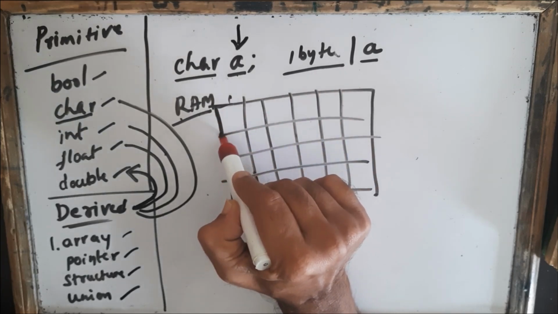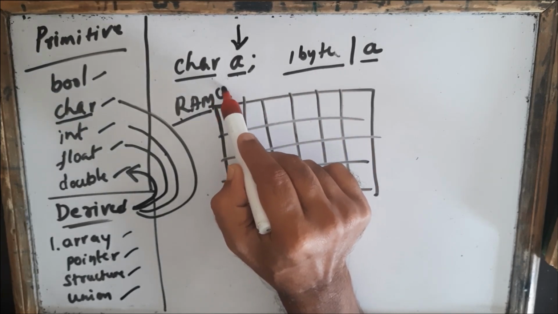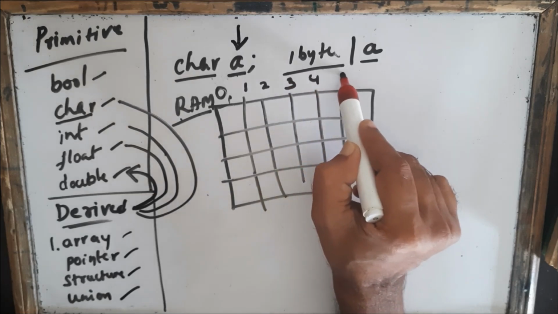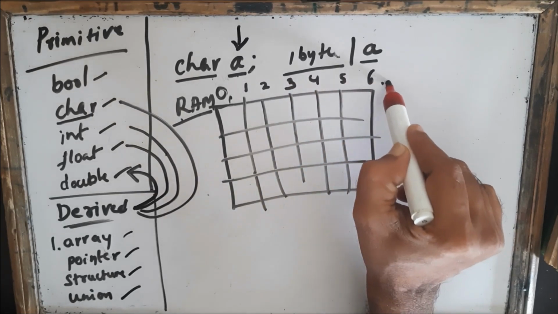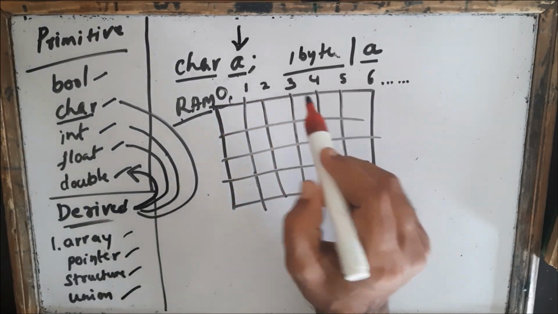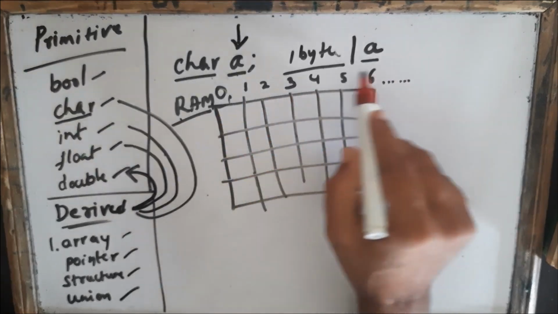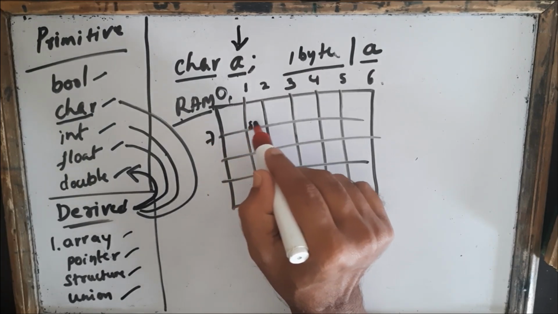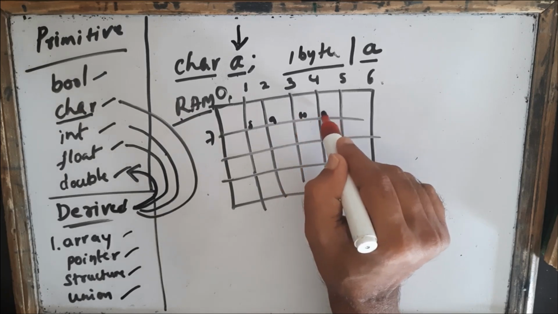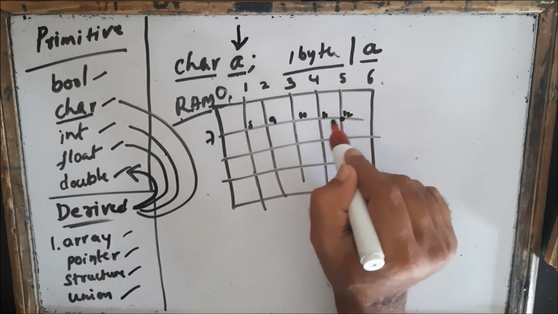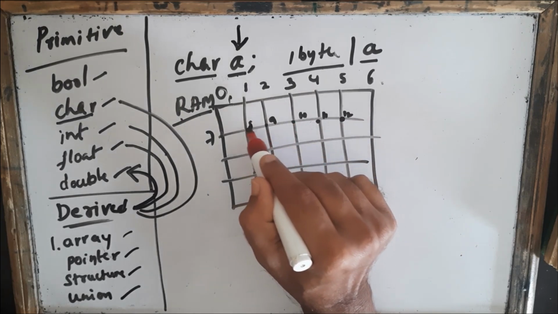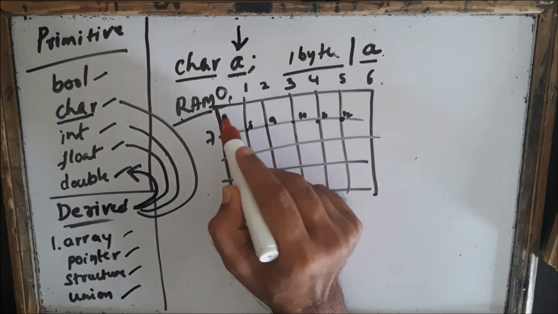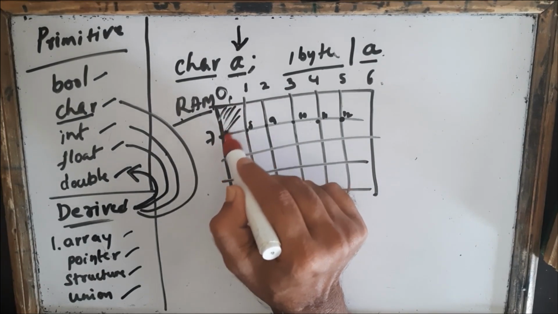So this is a character A, 1 byte. It starts with address 0, address 1, 2, 3, 4, 5, 6, like this. This is just an example. Like this it will continue, or maybe after 6, 7, 8, 9, 10, 11, 12. This is the memory, it will go on like this.